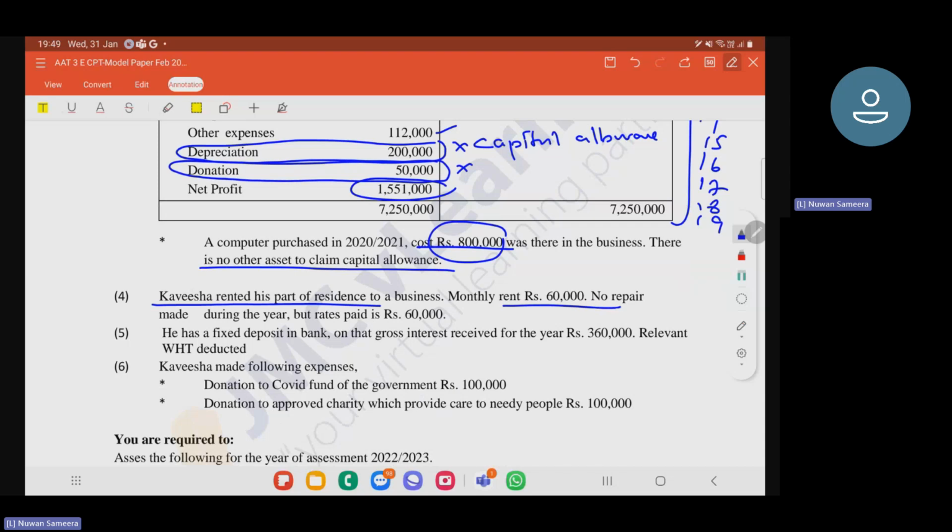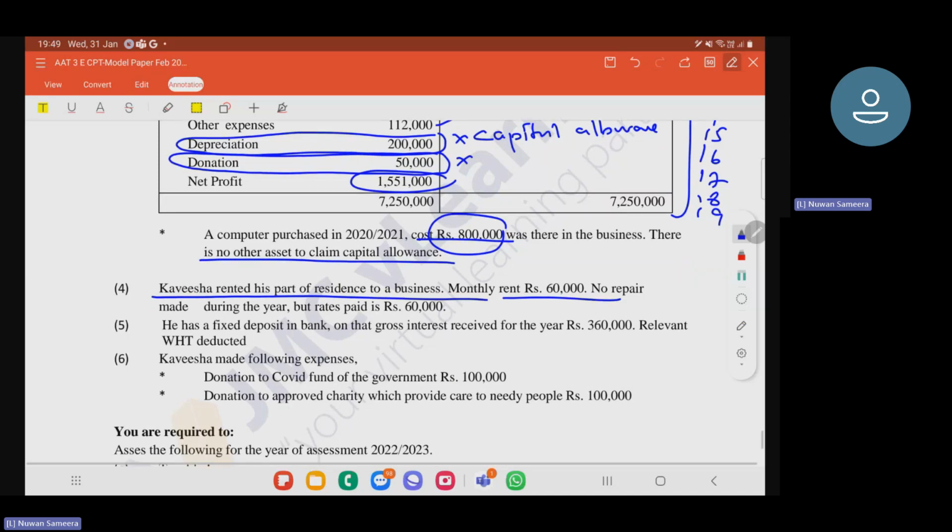Normally, there is an important point under rent and interest. Even though that is investment income, make sure whether that income is effectively connected with the business.